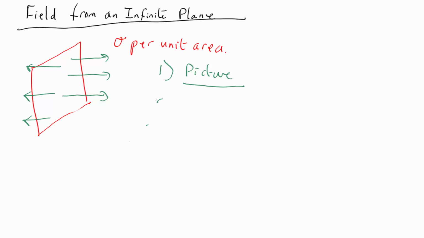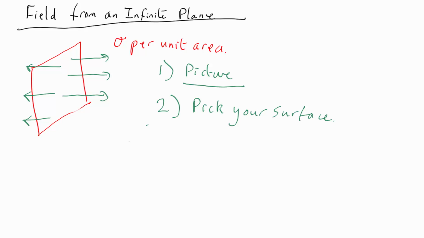Okay, so that's step one, draw a picture. Step two, pick your surface. Whenever using Gauss's law, we pick a so-called Gaussian surface. And this surface is what we're doing our surface integral over. Now we could pick any shape we like. We could pick some strange blobby peanutty shape, but that won't make the maths very easy.